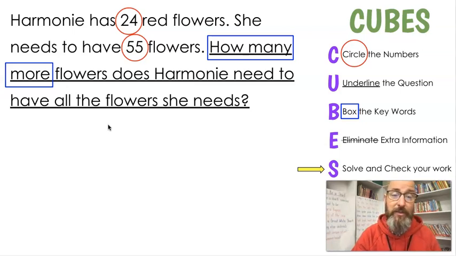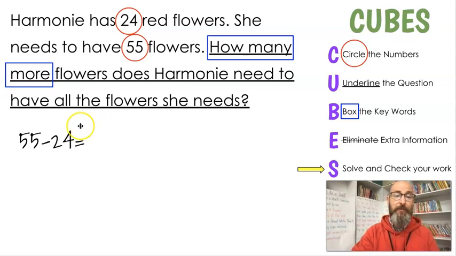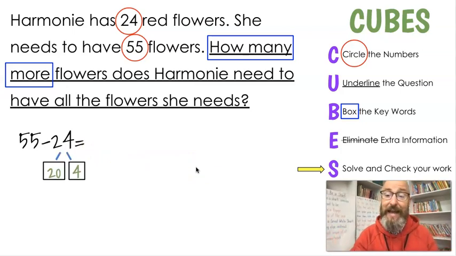So our question is going to be, what's it going to be? 55 minus 24. So 55 is our minuend, 24 is our subtrahend, which means we're taking that away from 55. Again, we're going to use the break apart method. So I'm going to break apart 24. What am I going to break apart 24 into? 20 and 4.